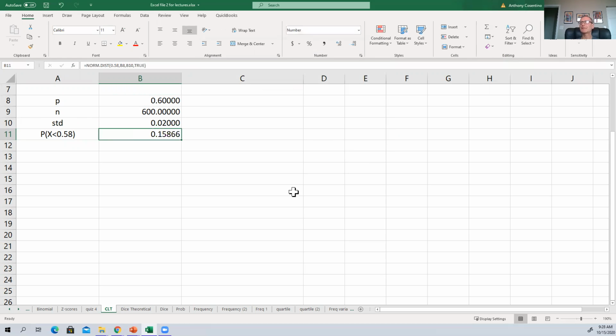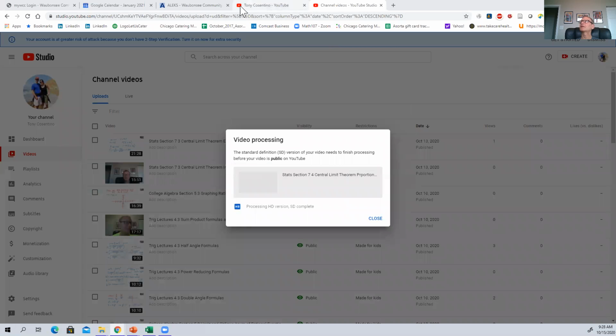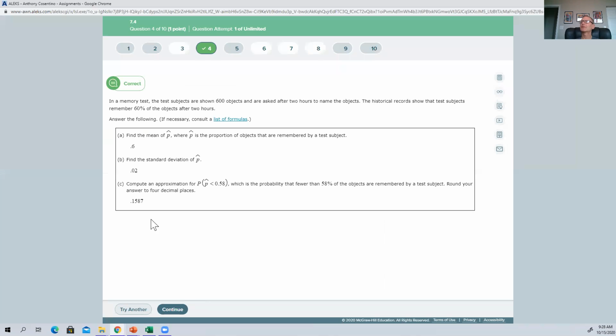Plop that down there and you see it's almost 16%, 0.15866. So if you go back to our Alex, sorry about that, here we go, it asks to round to 4 decimals, so that's a 6, get rounded up to a 7, so it ends up being 0.1587. So that ends the 2 recorded lectures. This is the second one on the central limit theorem with proportions.